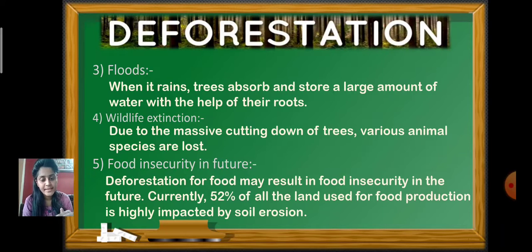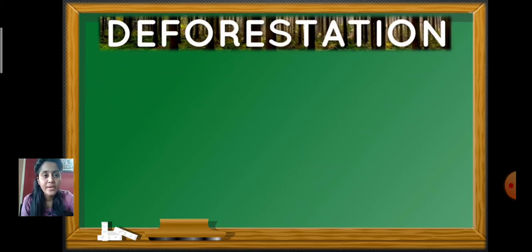Whenever we cut a tree, the upper layer of the soil is removed, so the plants don't grow nicely because of soil erosion. So how will food be grown? The roots of a crop will not be strong enough to grow. Yes or no? Yes.